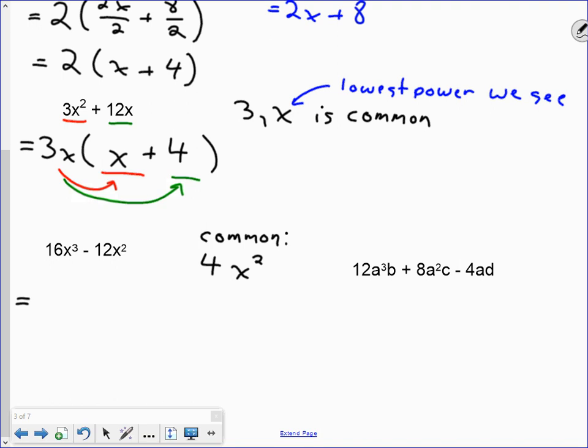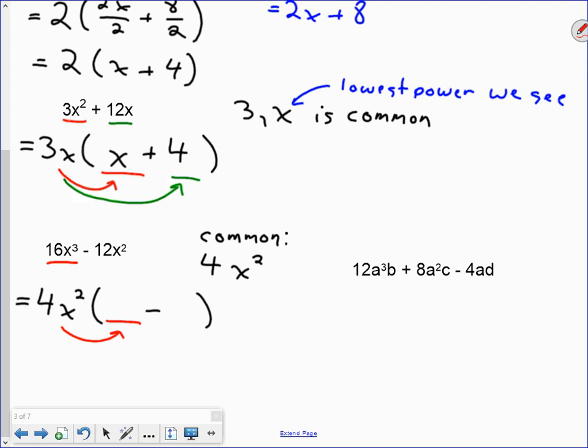So we're going to have a 4x squared. And we're going to have two terms in brackets. I might as well put in the negative sign there because we know that that second term has to be negative. And we need something in here that when we multiply 4x squared by that term, we get 16x cubed.